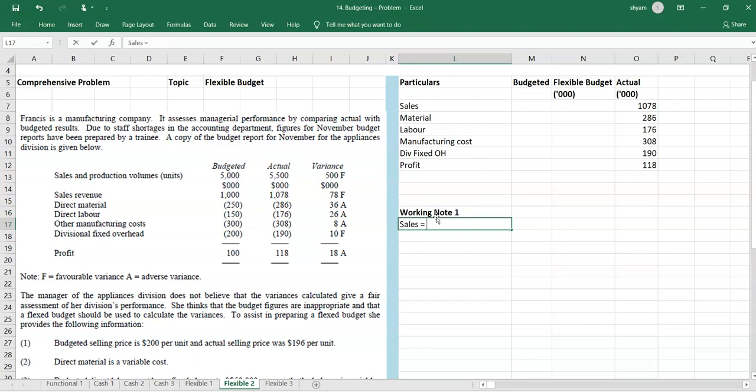The budgeted selling price is 200, but it was sold at 196. That means the actual price is 196, but it should have been sold at 200. So what is the answer? So 1100 should have been the sales.